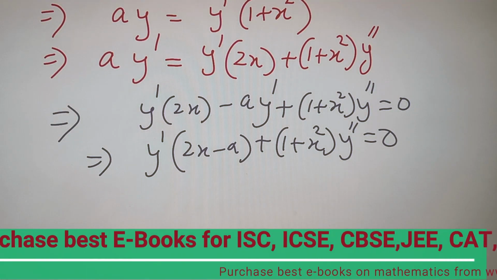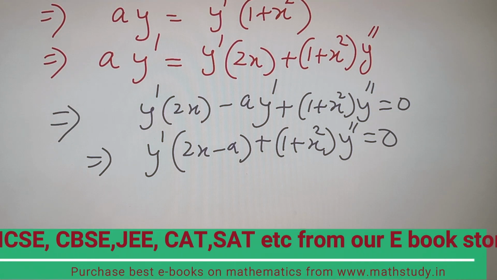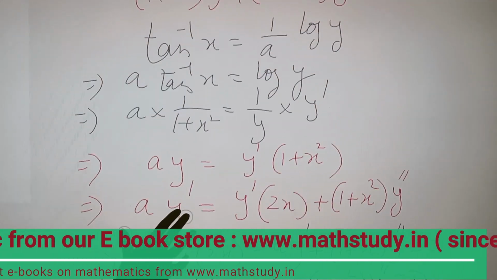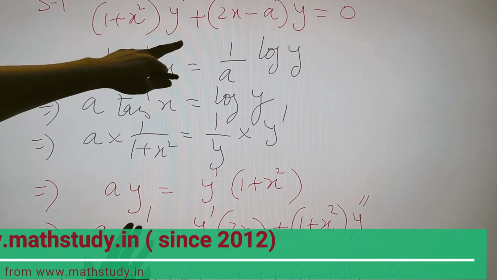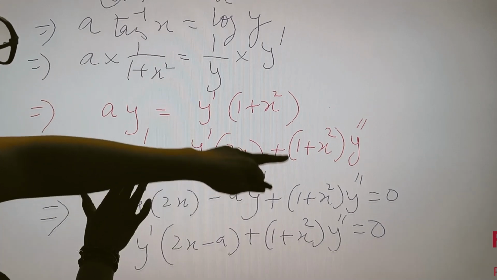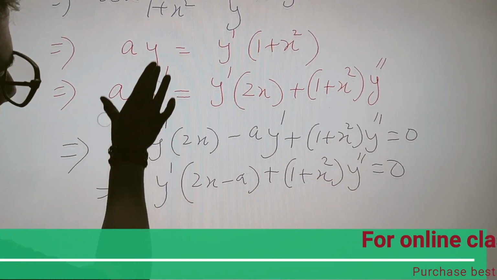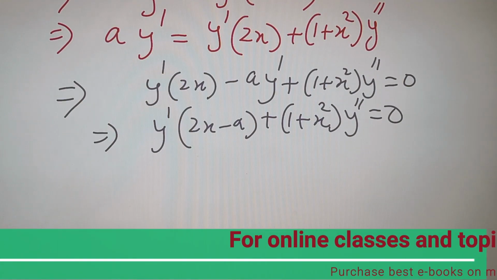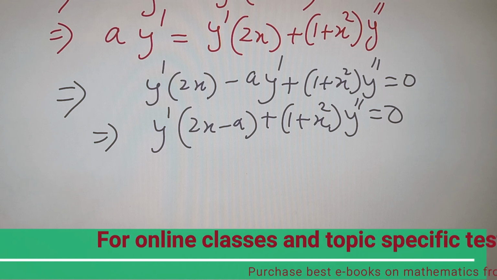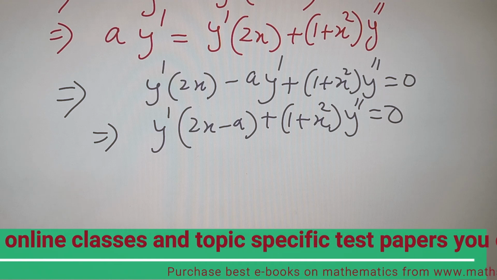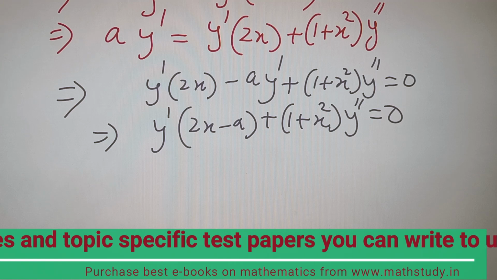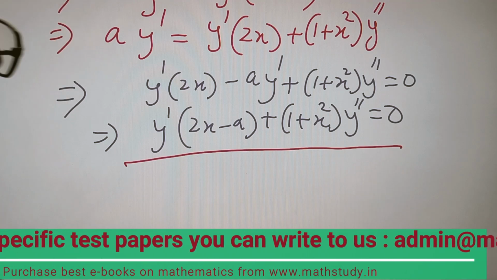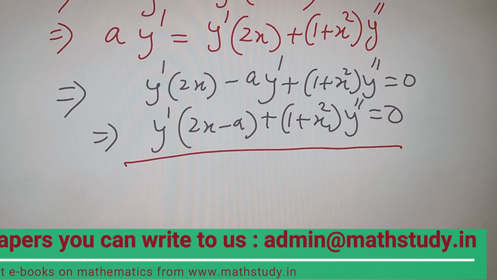So let's check whether we are getting our answer or not. We have to prove (1 plus x²) into y double dash plus (2x minus a) into y dash. So hence we have proven what was required in the question. So this is our final answer. I hope this concept is also clear.